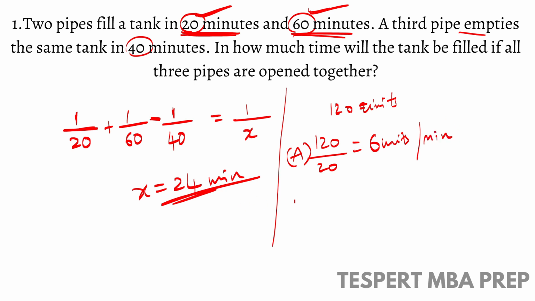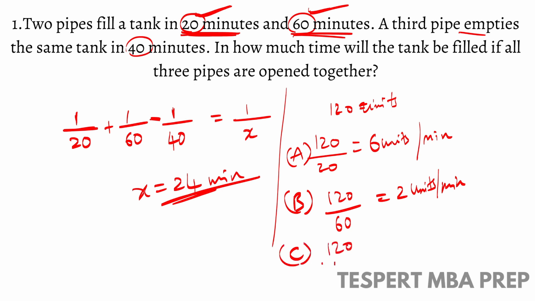If we consider the second pipe, it can fill 2 units per minute, and the third pipe can empty the tank in 40 minutes, so 120/40 is equal to 3 units per minute.